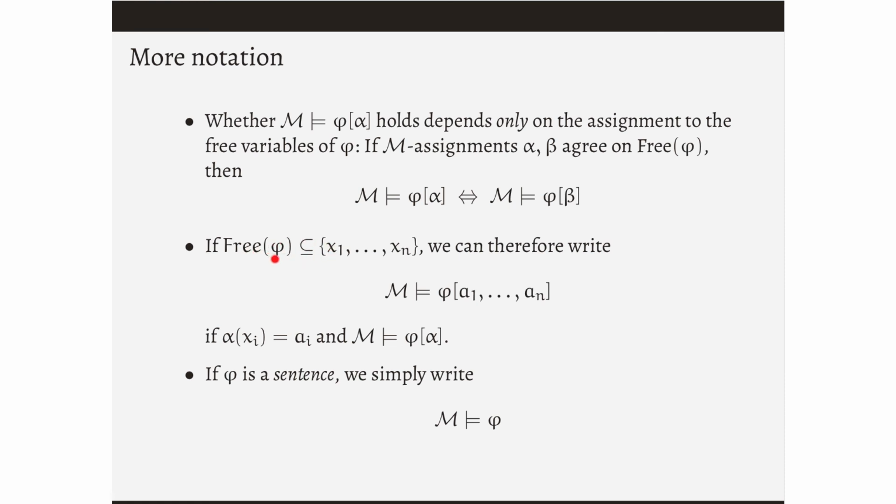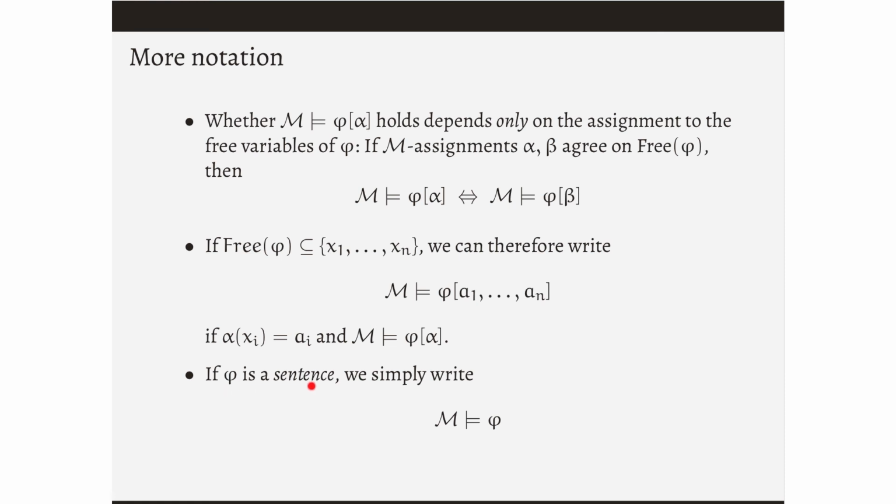If the free variables of phi are among those variables, we can use this bracket notation with these finitely many values from M. So we're assuming that alpha of the xi's are evaluated to ai, and that this assignment makes phi true in M. And since any formula is a finite object, there can be at most finitely many free variables, so we can always write it in this form once we have a finite set that contains all the free variables.